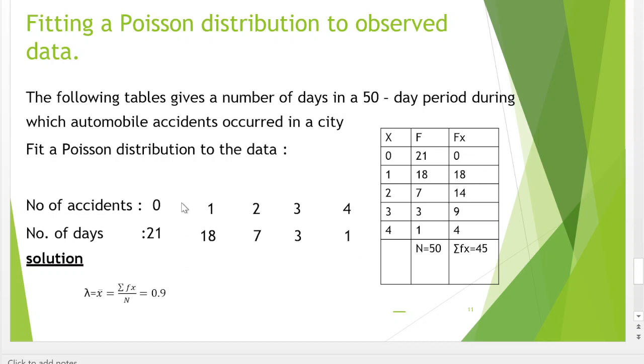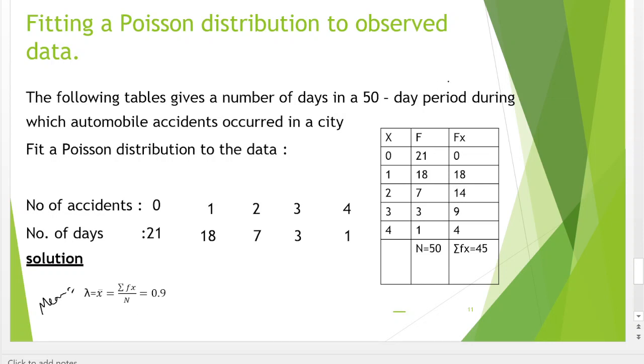Then calculate the average lambda. In the Poisson distribution, lambda is the mean. Generally we have the formula to calculate the mean: x bar is equal to summation of x divided by n.